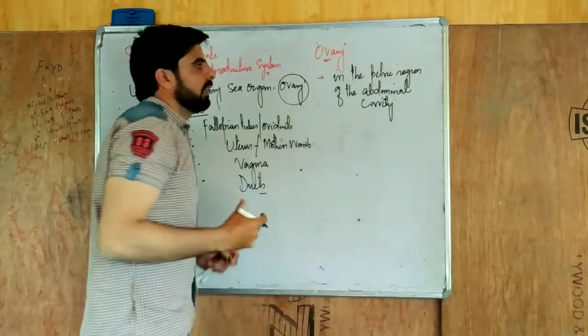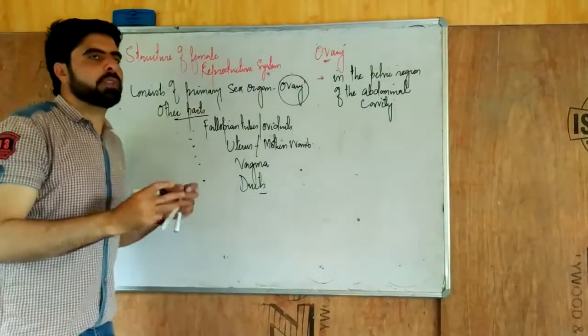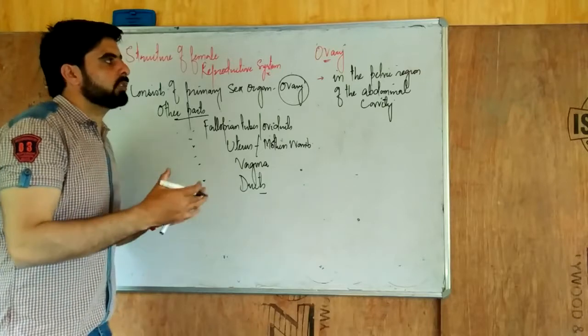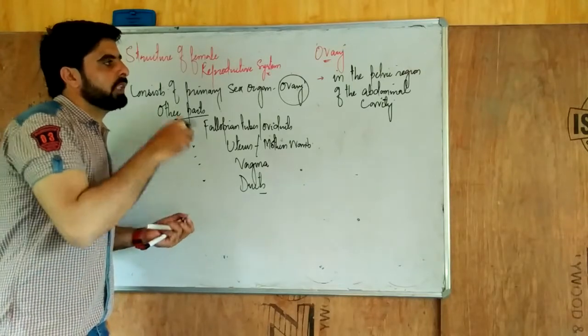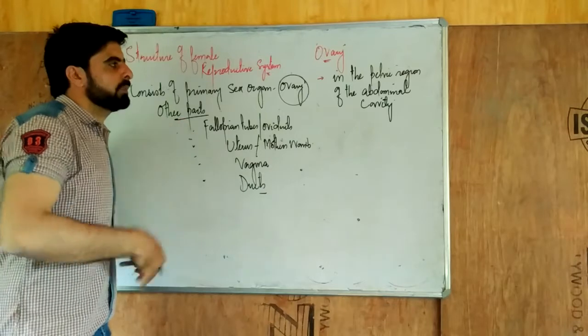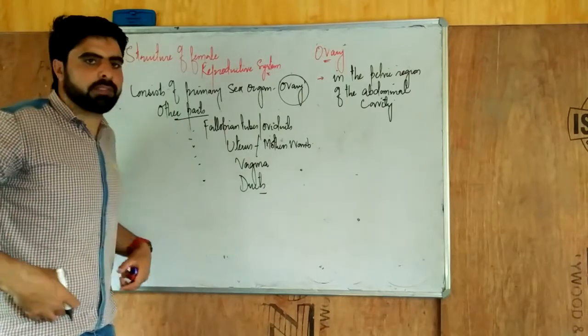We have a right and a left ovary, so the female has two ovaries, one right and one left. These ovaries are located in the pelvic region, in the abdominal region.